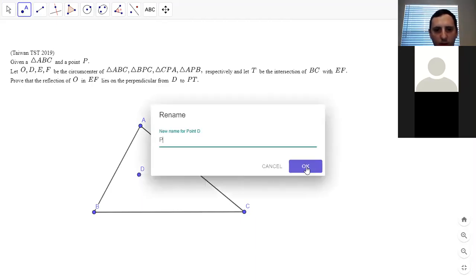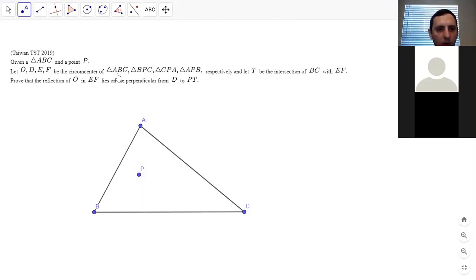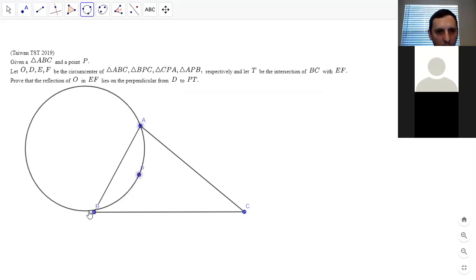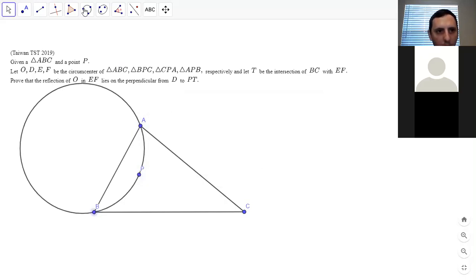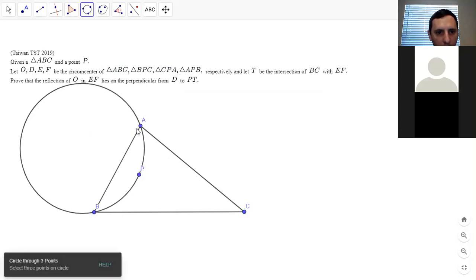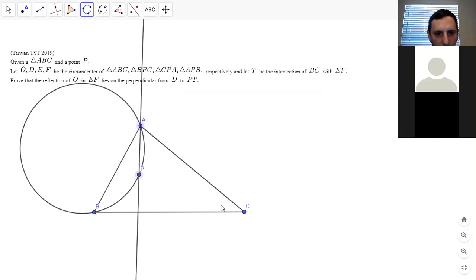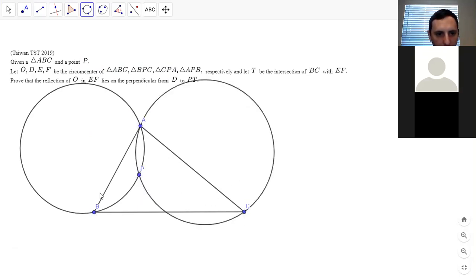So we draw these 3 circles and then the circumcircle.